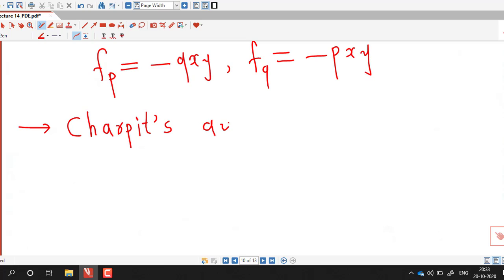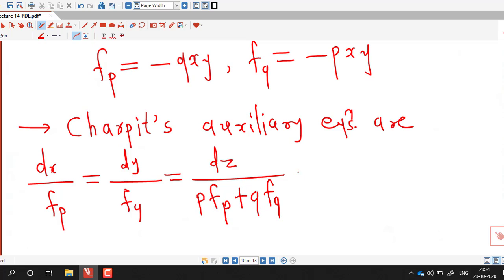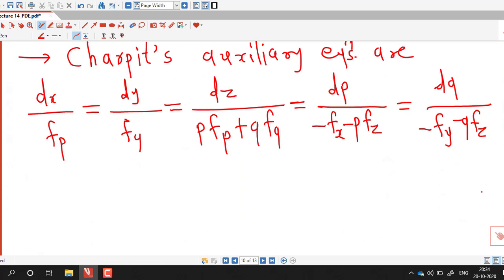So Charpit's auxiliary equations are dx divided by del f by del p equal to dy divided by del f by del q, equal to dz divided by p into del f by del p plus q into del f by del q, equal to dp divided by minus fx minus p fz, equal to dq divided by minus fy minus q into fz, and then substitute the values of the derivatives in these equations.